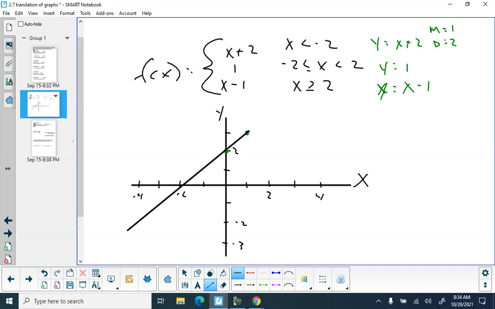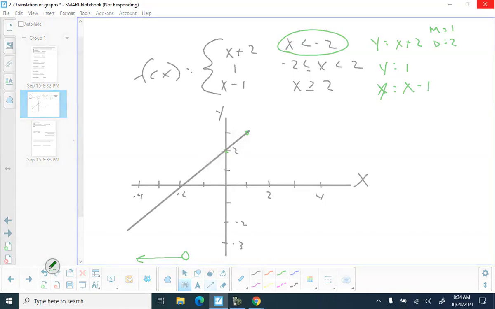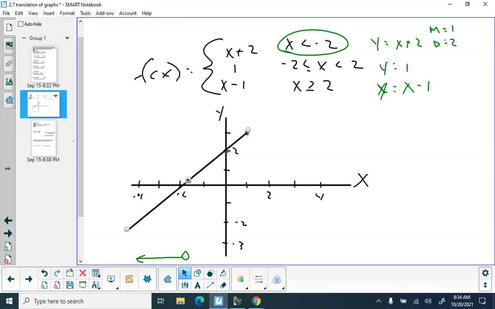But we only want the values of x that are less than -2, which would be an open dot on -2 going to the left. So I can shrink my graph down to this. We have an arrow and we have an open dot there at -2.